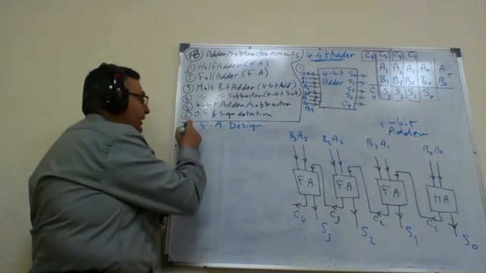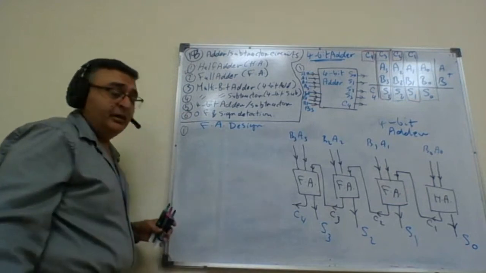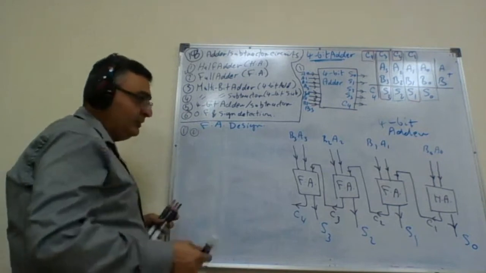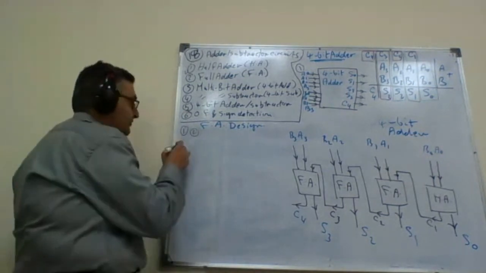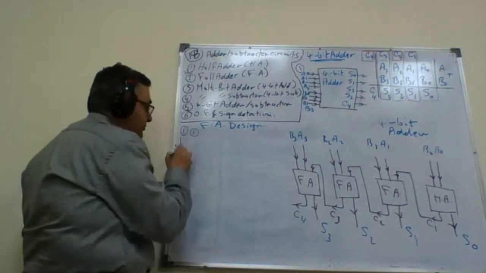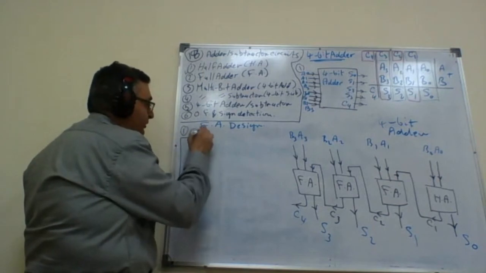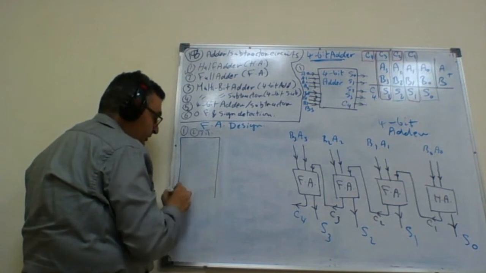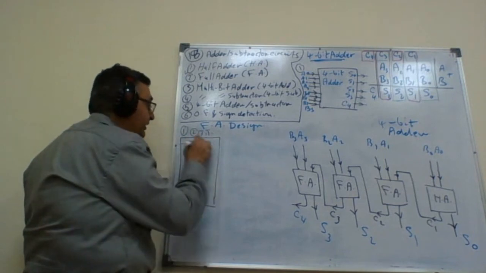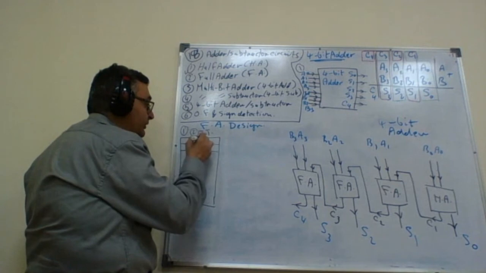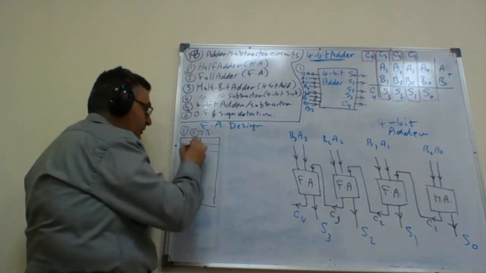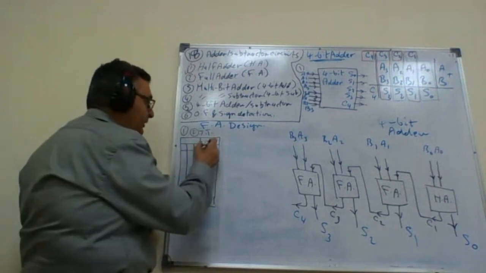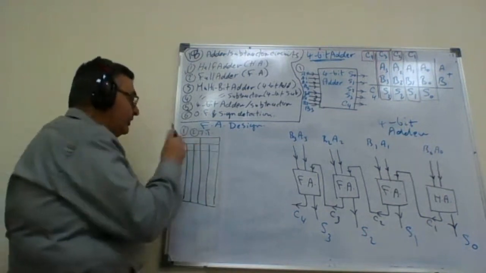First step, block diagram, we already did it. Step number 2, the truth table. Can we build the truth table for this? The answer is definitely yes. This is a very simple truth table, okay? So the truth table for the full adder is supposed to have here, I can build it generally with a generic name.